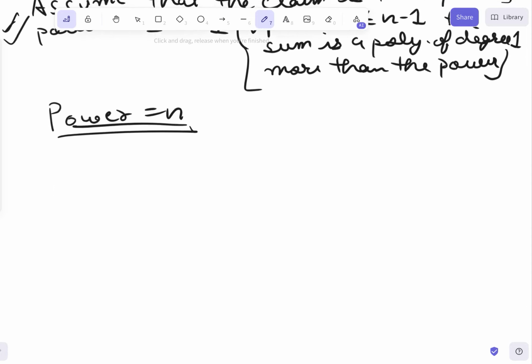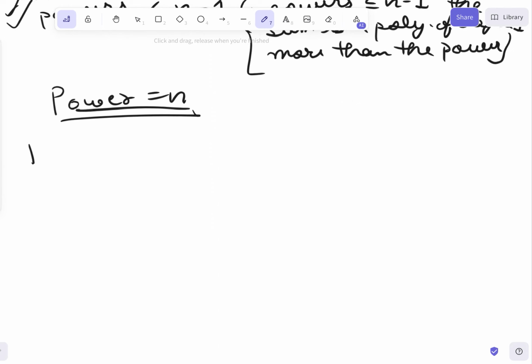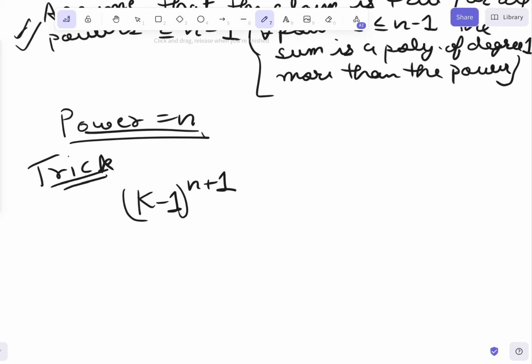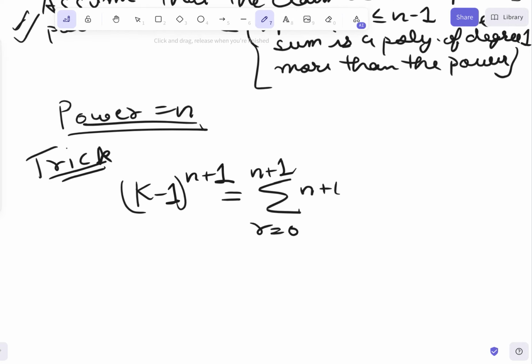Now there's a very neat trick that we use to do this proof, and that is basically we write the binomial expansion of, let's say, k minus 1. And why we do that you'll notice very shortly. So the binomial expansion of this looks like the sum over r equals to 0 to n plus 1, n plus 1 cr into k power n plus 1 minus r into minus 1 to the power r.